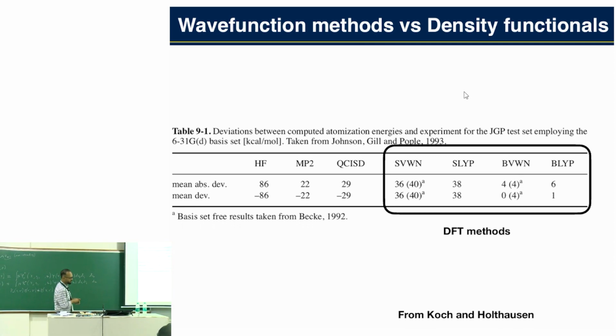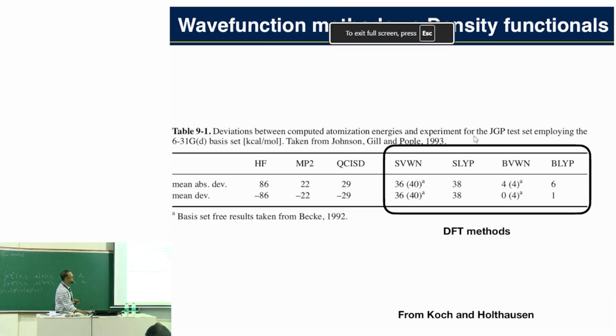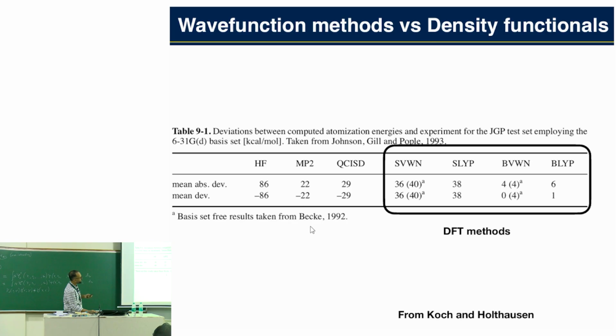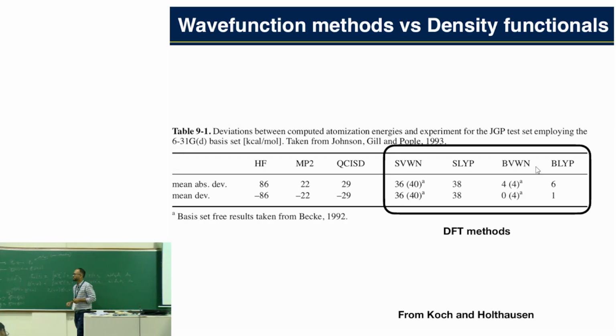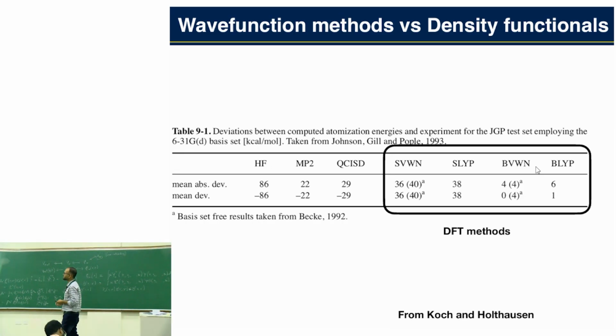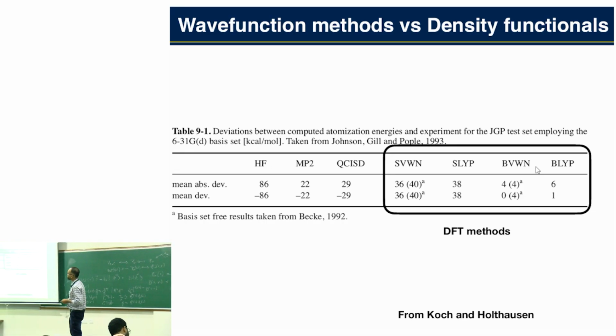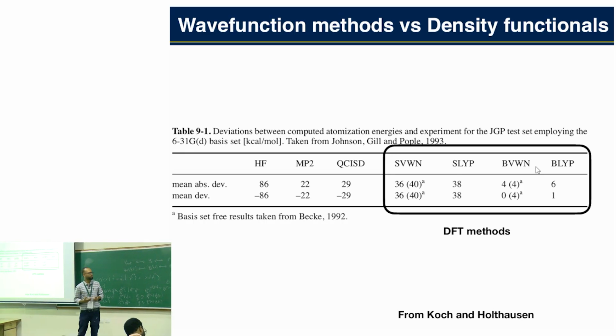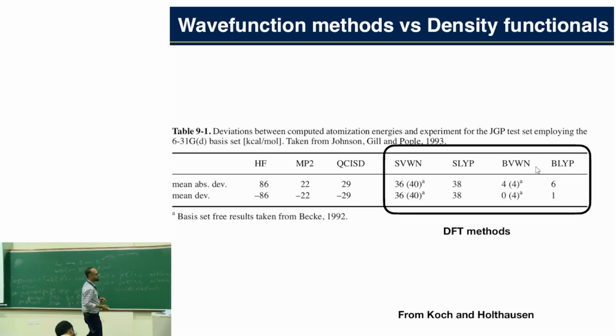Over here, for example, I have shown the atomization energies computed using MP2. This was done a while back by Becke. And also the atomization energies using LDA type functionals and GGA type functionals. What you would notice here is that the accuracy is dramatically improved going from LDAs to GGAs. And this has been one of the reasons DFT has been adopted very rapidly.